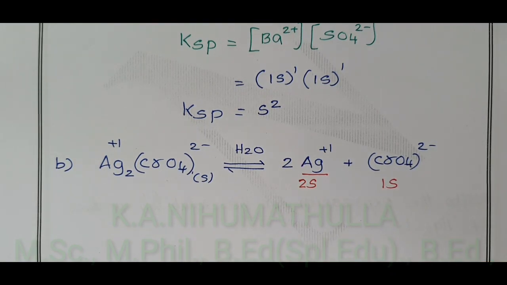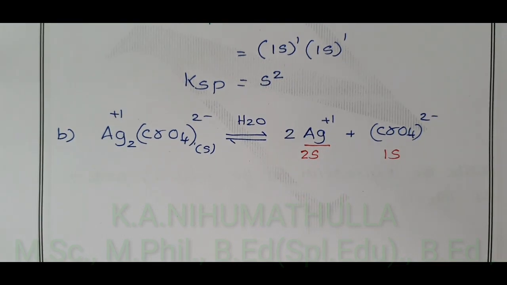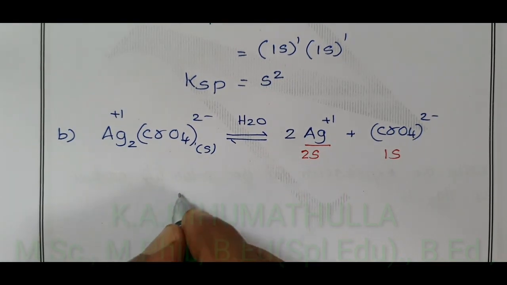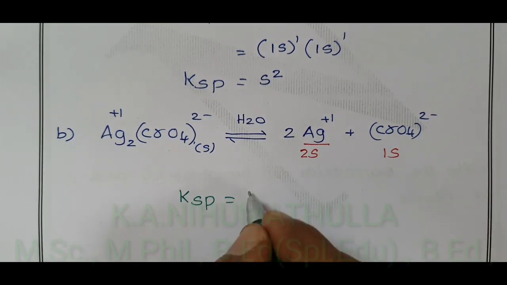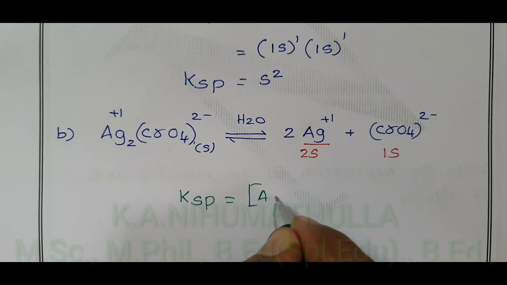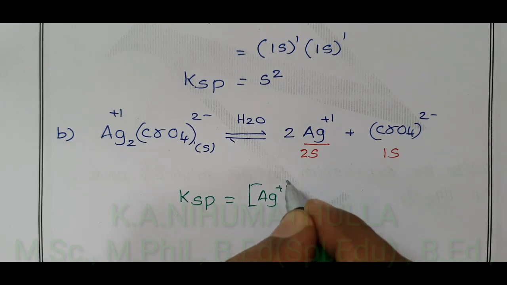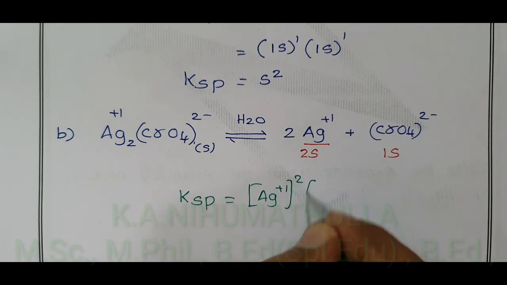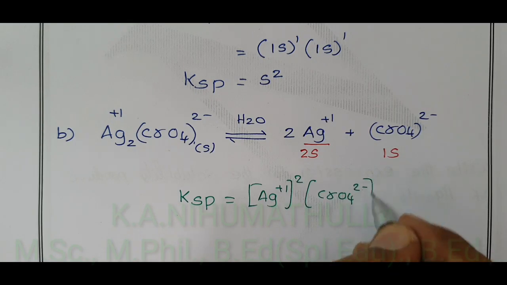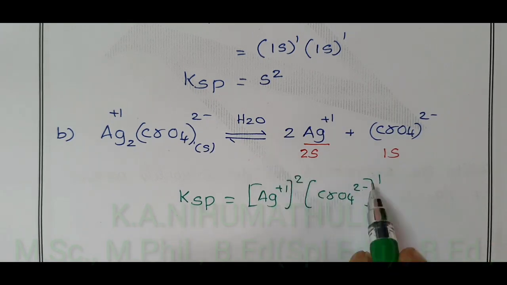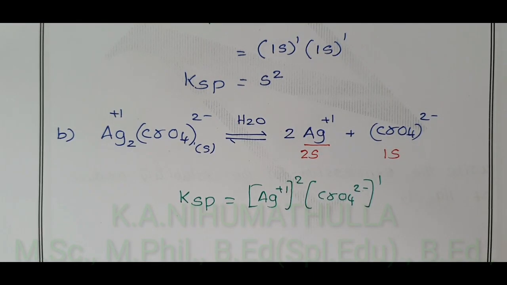Now write the formula used to calculate the solubility product. What is the formula? K solubility product equals the concentration of Ag plus power 2, times the concentration of CrO4 2 minus power 1. This 2 is the stoichiometric coefficient.